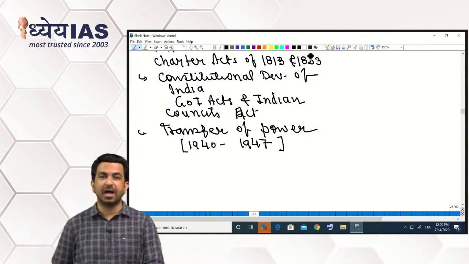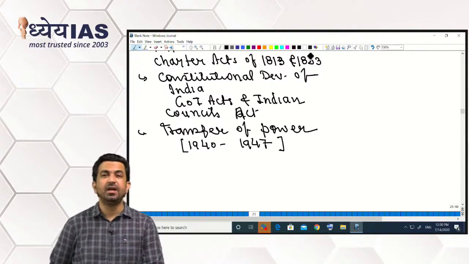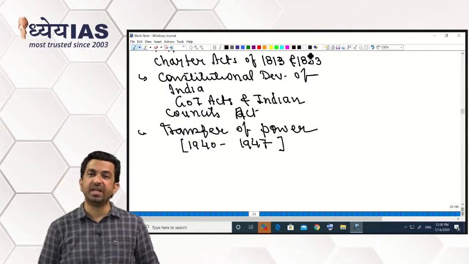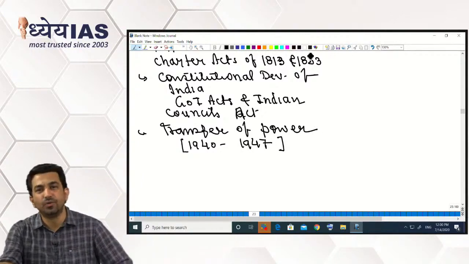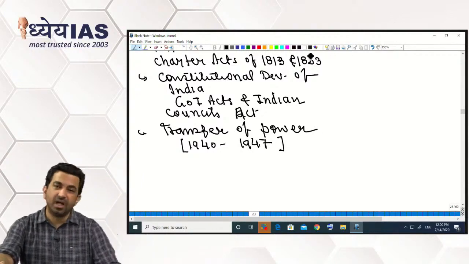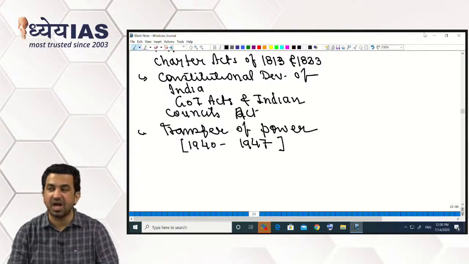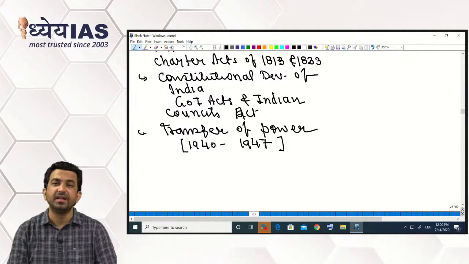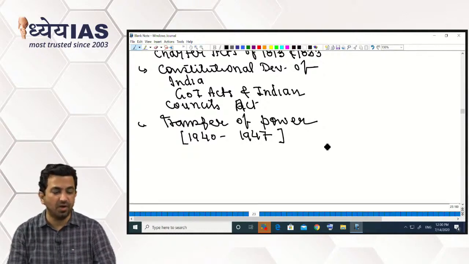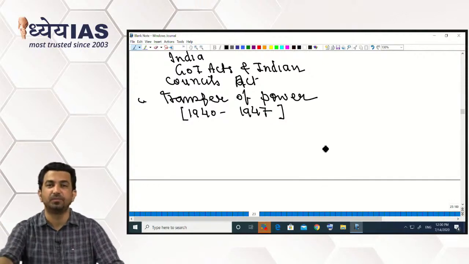So around 1940, the British came to clearly realize that Indians were in no mood to retreat and would achieve their independence. So the Britishers started transferring the power from the British into the hands of the Indians, called transfer of power.